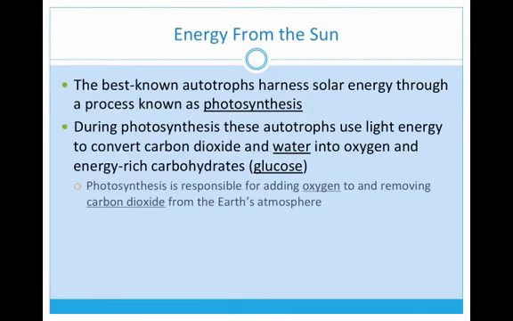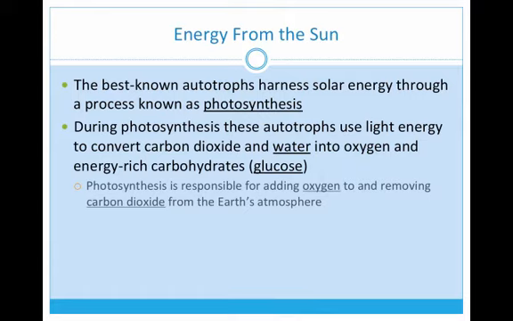Now, all of our energy comes from the sun, and the best known autotrophs harness solar energy through photosynthesis. During photosynthesis, autotrophs use the light's energy to convert carbon dioxide and water, CO2 and H2O, into oxygen and the energy-rich carbohydrate, glucose.